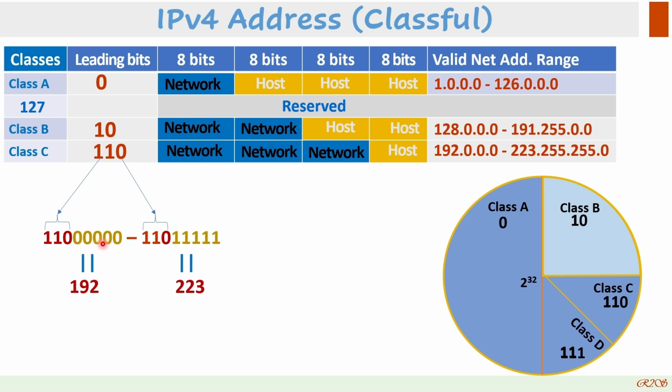So if all other 5 bits are 0, then we get 192. That means 1 1 0 0 0 0 0 0 is 192, and 1 1 0 1 1 1 1 1 is 223. So this is how we get the valid range of 192 to 223, and the remaining 2 bytes go from all 0 to all 1, so 0 to 255 and 0 to 255.